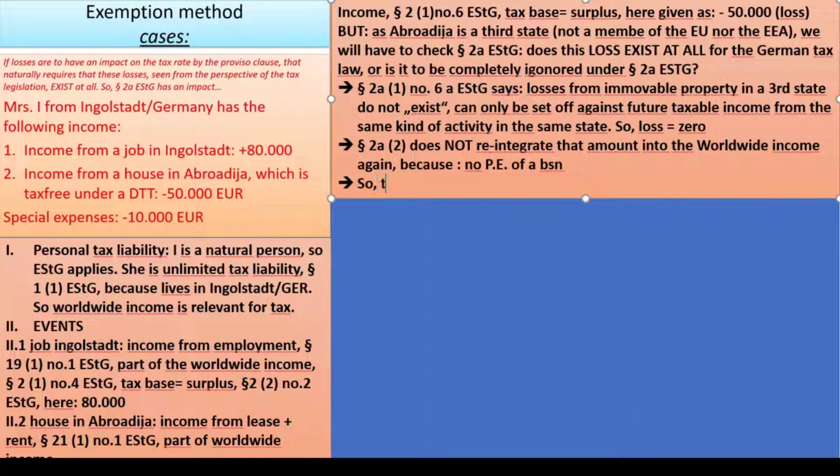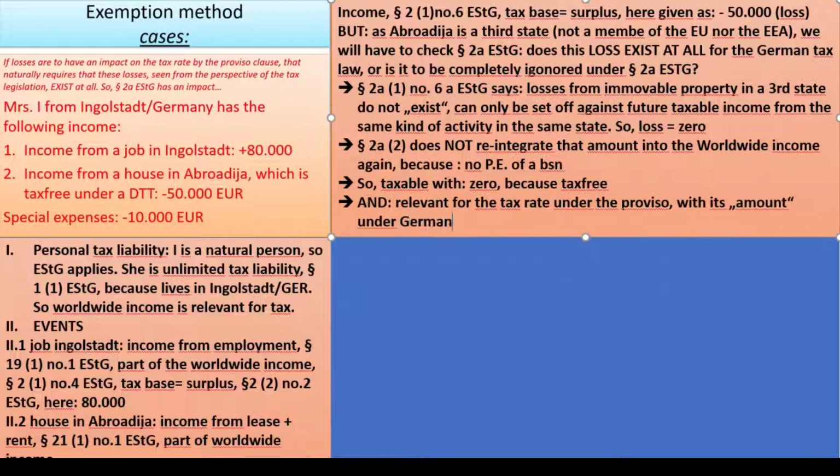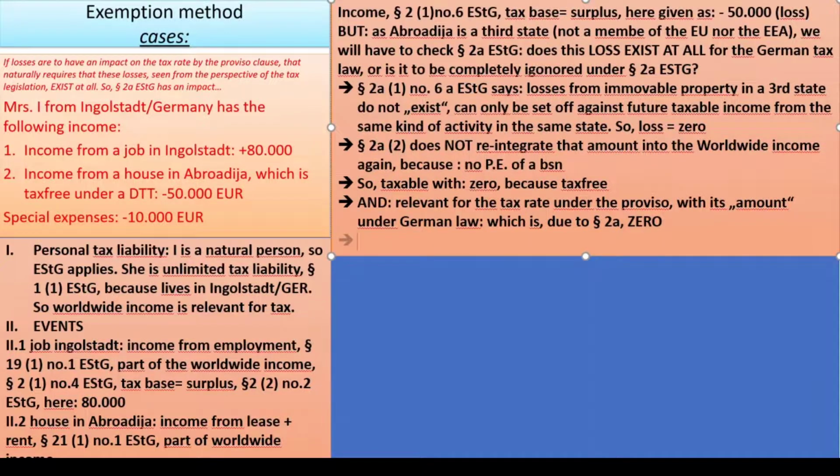So taxable with 0 because tax-free, and relevant for the tax rate under the proviso with its amount under German law, which is due to paragraph 2a. Well, the loss is due to paragraph 2a, the loss is 0, in contrast to economic reality.